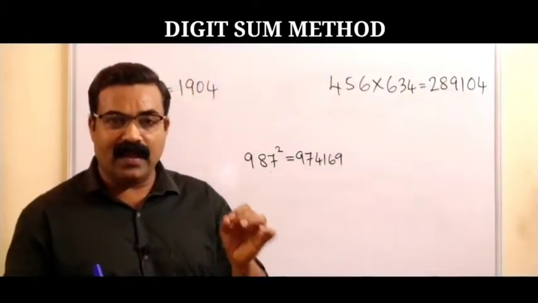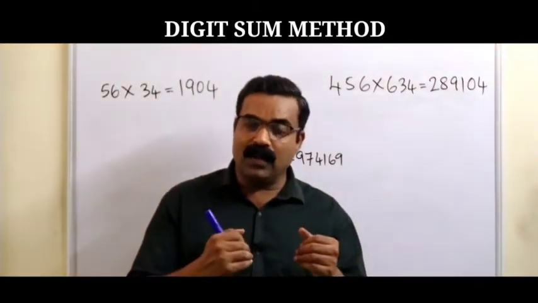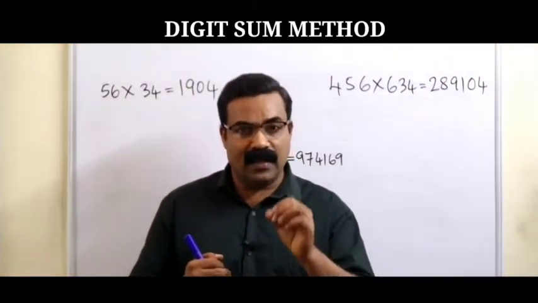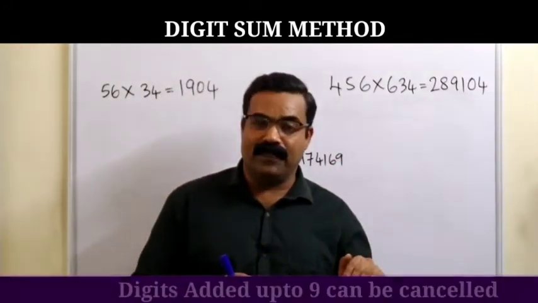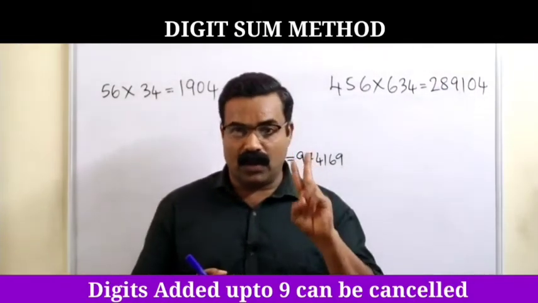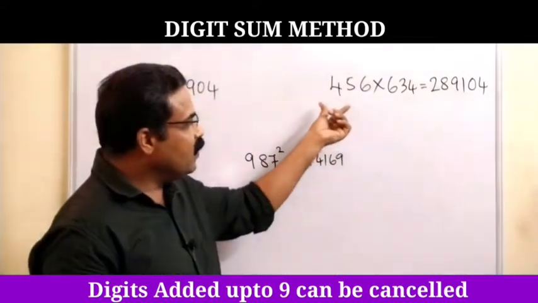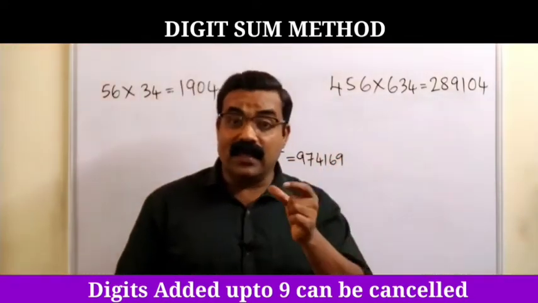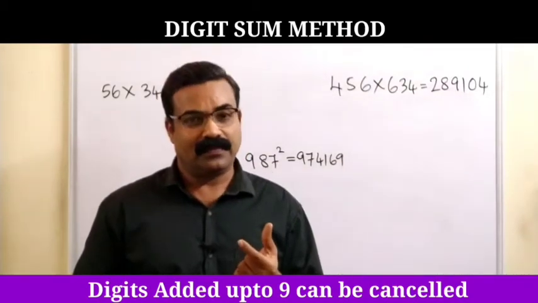Any digits which add up to 9, or the number 9 itself in the given question, can be deleted. Only the remaining numbers need to be considered. That is rule number two. If you know these two rules, you can very easily check whether the answer is correct or not.